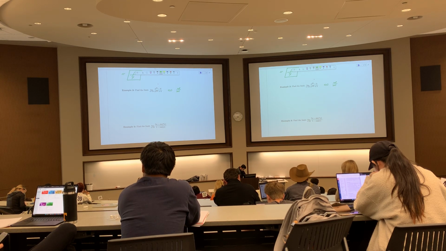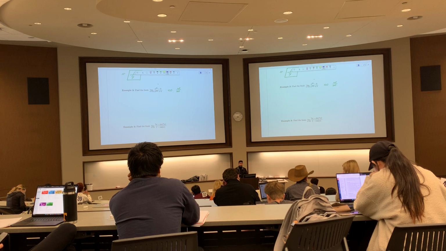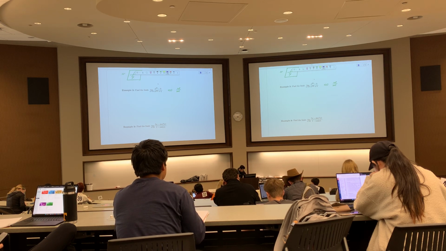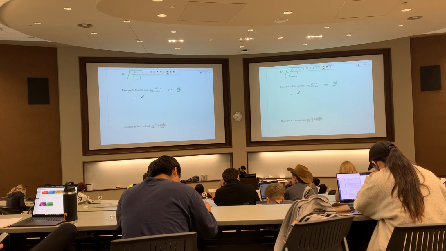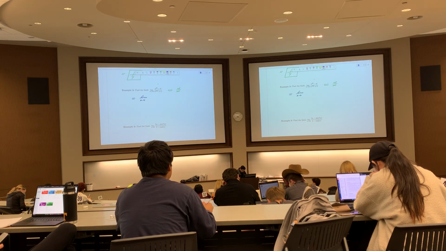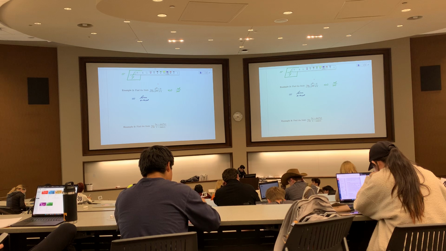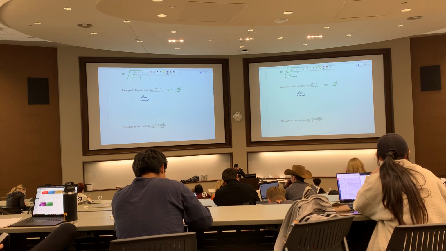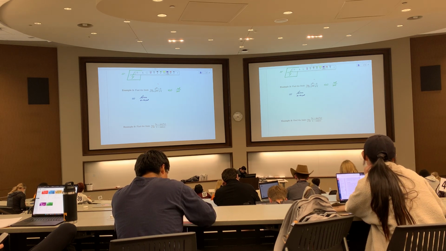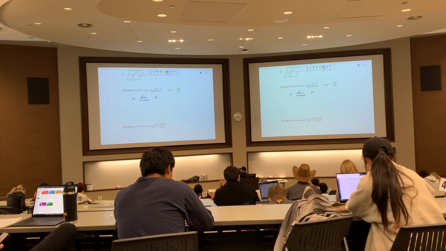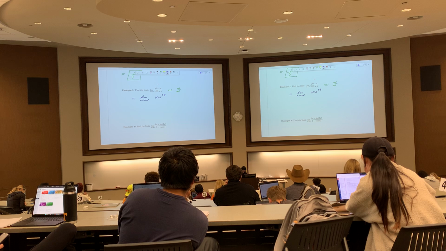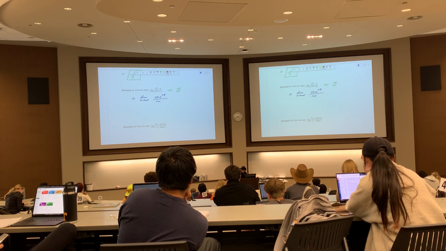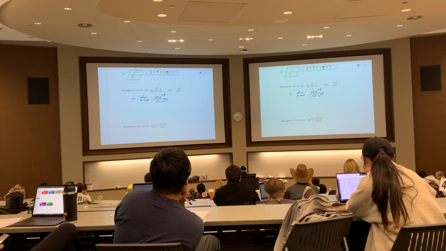Now, since it's infinity over infinity, we're allowed to use L'Hopital's rule, which is legal. Now, let's write the limit as x approaches infinity, and all I'm going to do is just take the derivative of the top function. If I take the derivative, it's going to be 99x to the 98. And the bottom function, after taking the derivative, will be 100x to the 99.